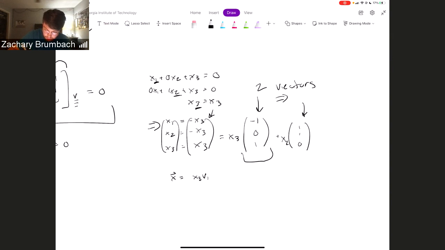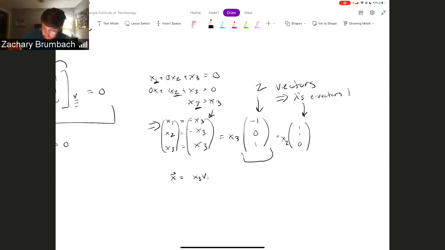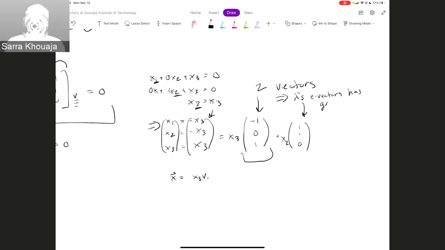That means this lambda has, well, this lambda's eigenvectors properly, because a lambda doesn't have geometric multiplicity, multiplicity of 2.